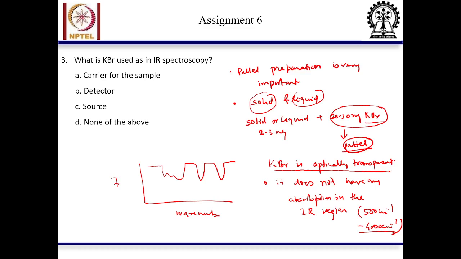Or you have any other question, you can write in the chat box. In pellet preparation we have to use an optically transparent material, so you have to know what optically transparent means and why we need it. Sweta, is it clear? Okay, thank you. Let me go to the next question.